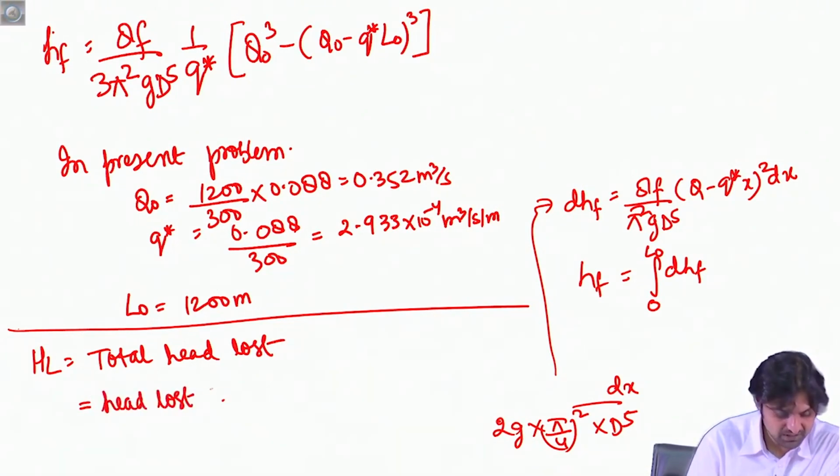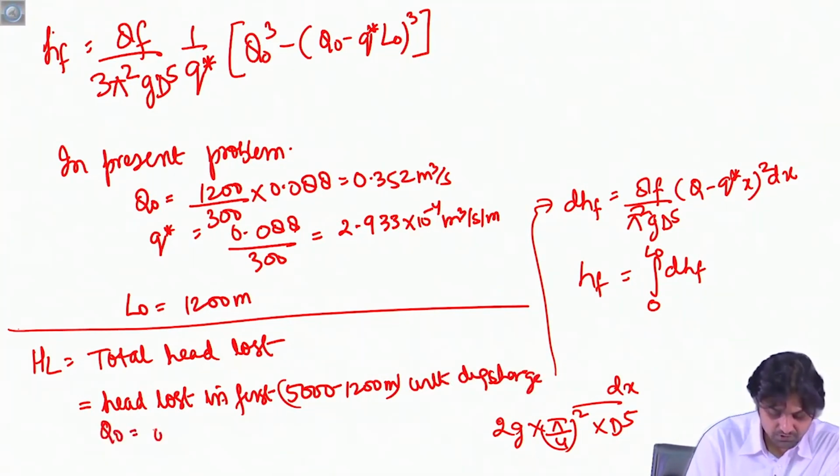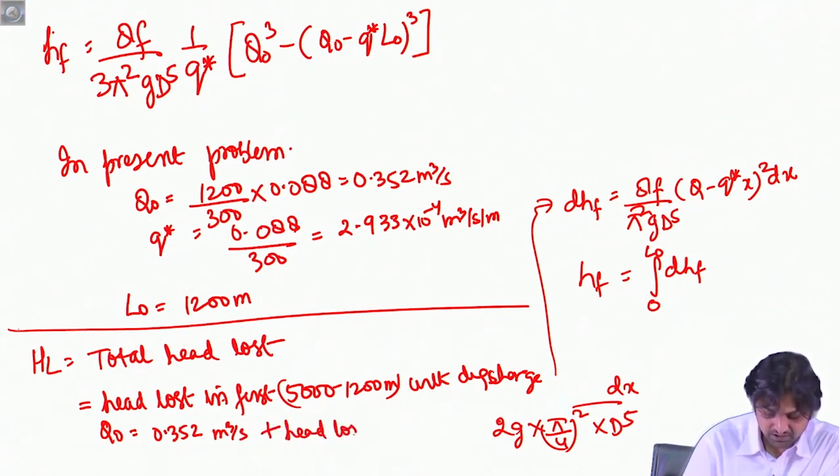So head lost in first 3800 meter with discharge Q naught equal to 0.352 meter cube per second, plus head lost in last 1200 with uniform withdrawal.